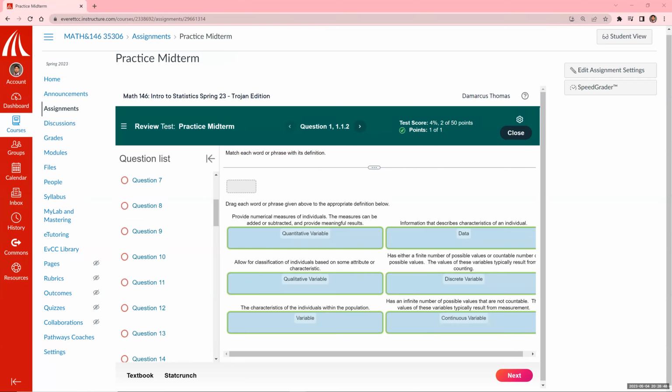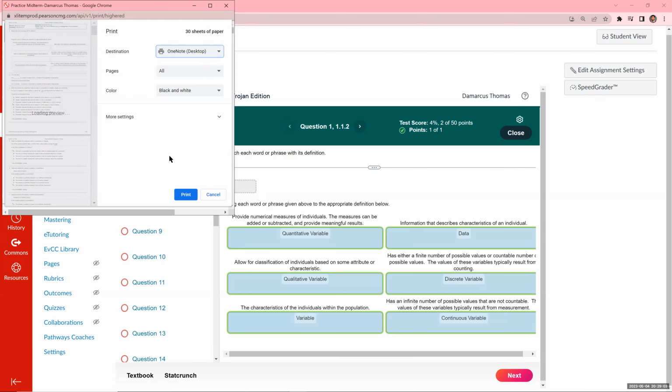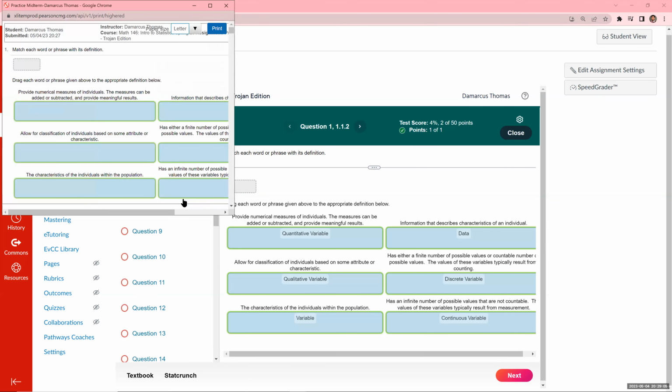Oh yeah, I have to cancel. So let's go to cancel. Yeah, hey, why not just print it to OneNote since I have OneNote open already?